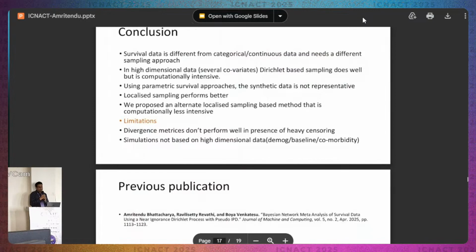So in conclusion, just to give you some limitations: most of the diagnostics do not handle censoring that well, so we have to do more studies with different levels of censoring. Currently our data does not have a high level.